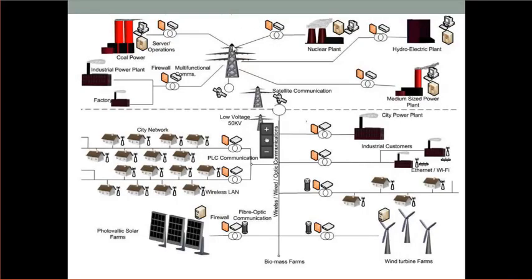So all the traditional fossil-based or nuclear-based generation has the advantage that you can send a signal to that plant and tell it how much to make, and it'll make that much. And so over time, I drew those load profile curves, and power companies keep track of how much power they produce at any given time, and they run these predictive models. Maybe it's a neural network model or something, but they have a pretty good idea based on what time of year it is, the historical load, and what the weather report says.